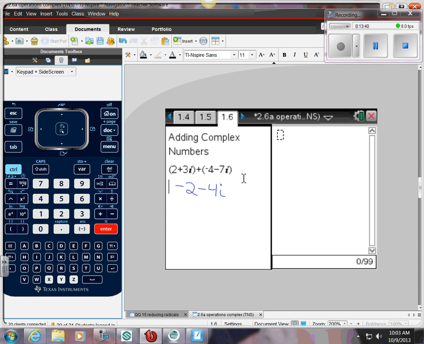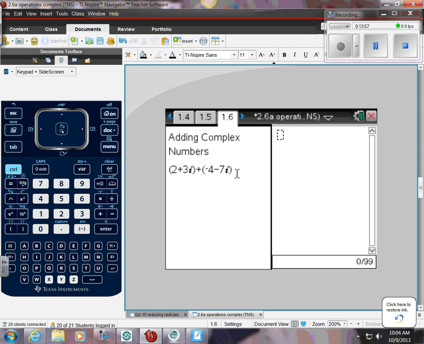Do you think our calculator does it for us? Absolutely. Do you have to know how to do it by hand? Yep, absolutely. Okay? So I want you to go ahead and take that, put it onto the calculator side of the page, and see if it gives you the same thing. How do you highlight? You can highlight by holding down Shift and pressing back, and it will highlight it for you.